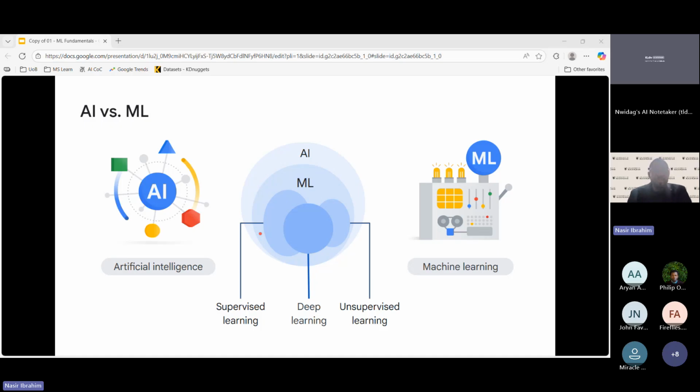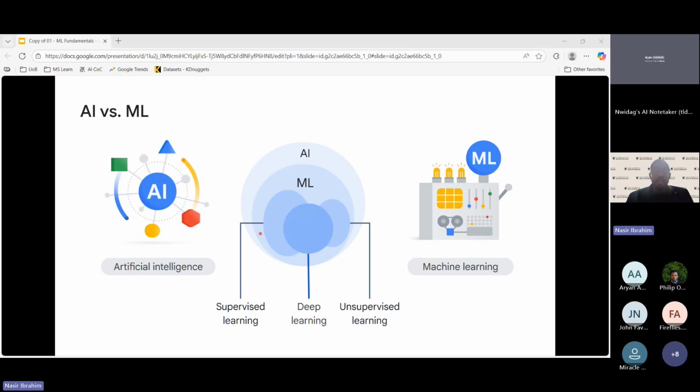Everything has a label of artificial intelligence. But actually, artificial intelligence is a very broad, umbrella term that includes so many things. Basically, anything that relates to computers mimicking human intelligence is considered artificial intelligence or an application of artificial intelligence.